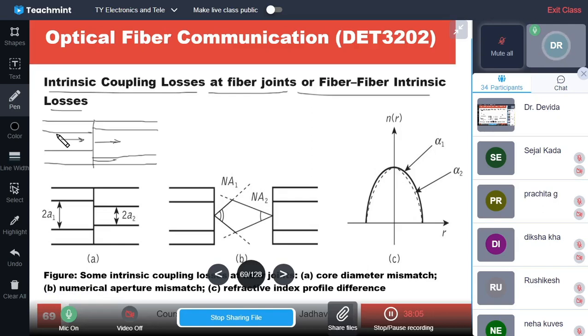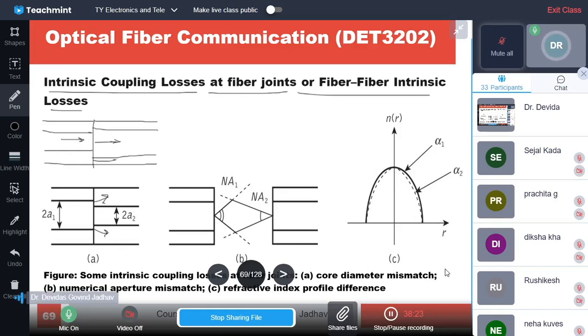Whenever the source fiber has a smaller diameter than the receiving fiber, there will not be any loss. But whenever the source fiber diameter is large and the receiving fiber diameter is small, there will be optical loss. Okay.